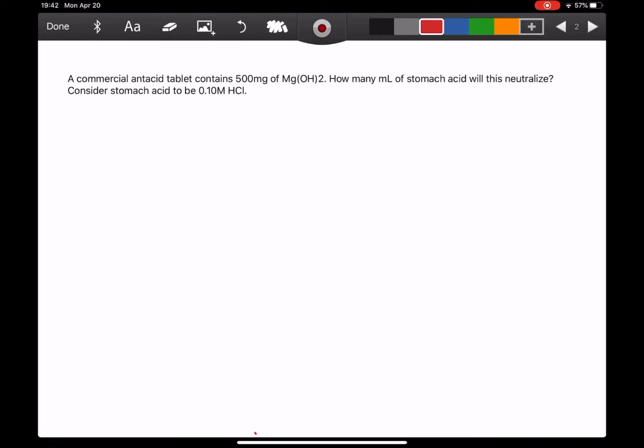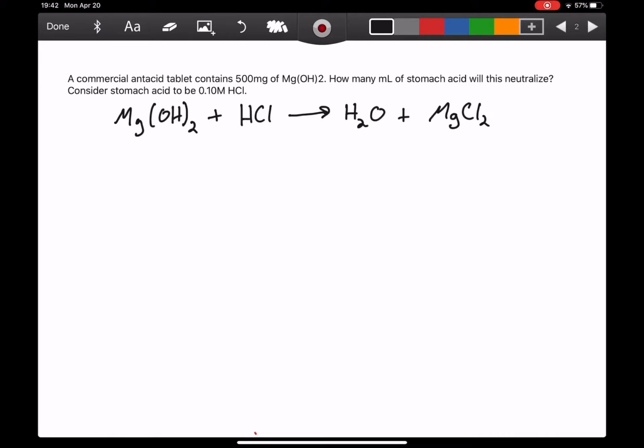So the first step in this problem is going to be to write a balanced chemical equation. So we have our reactants, magnesium hydroxide, Mg(OH)2, plus HCl is going to form H2O plus magnesium chloride.